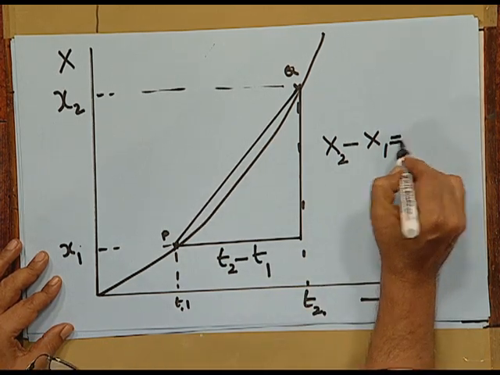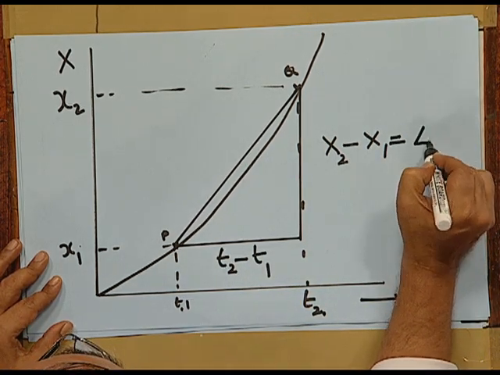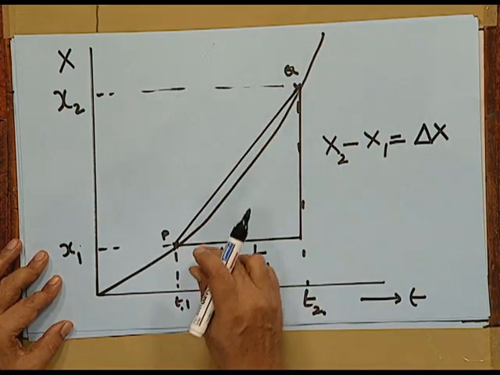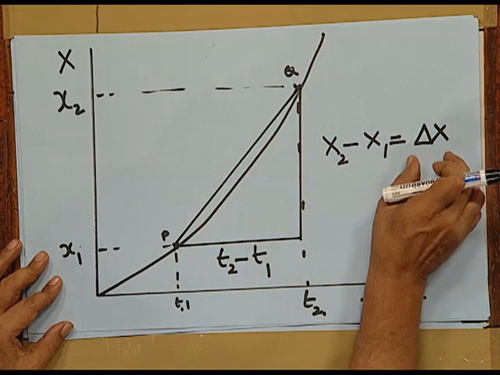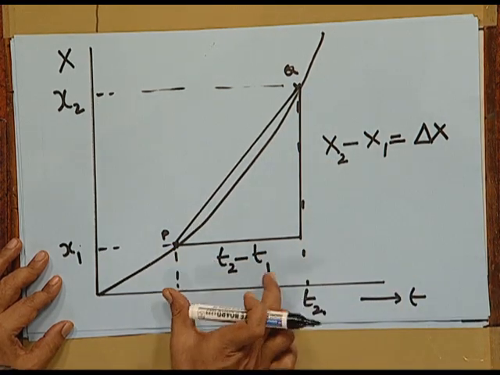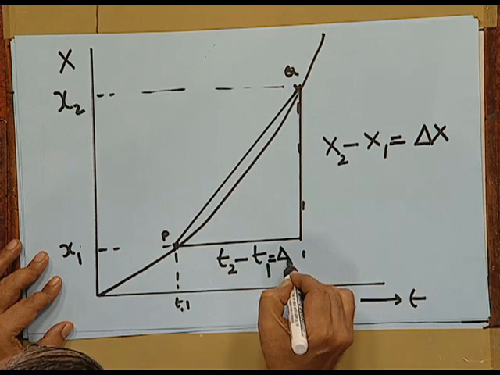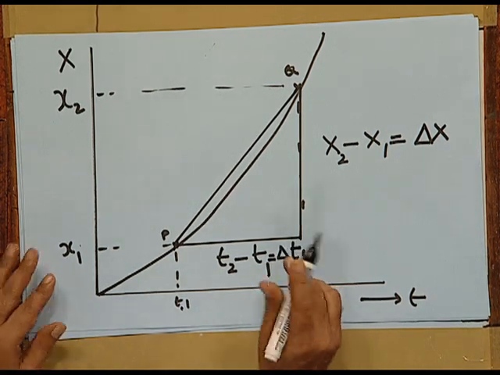Now, x2 minus x1 we have called delta x. Now, in this triangle the height is represented by delta x, and t2 minus t1, which we have called the time elapsed, indicated as delta t here, is represented at the base.